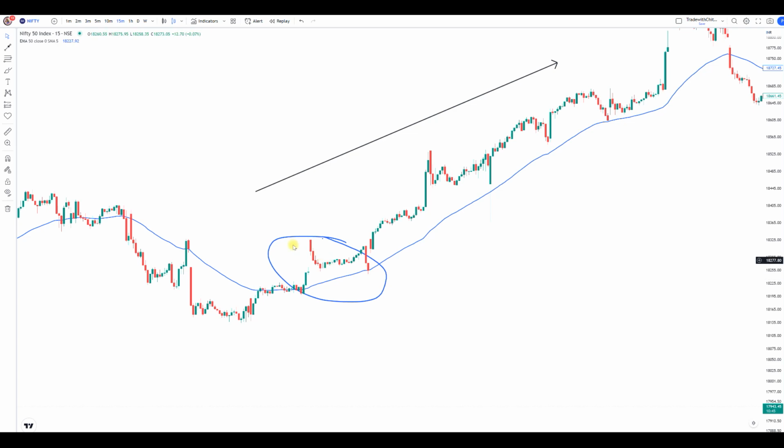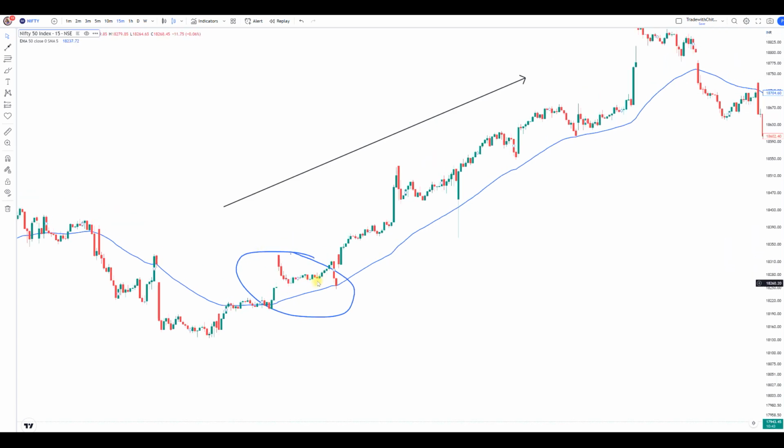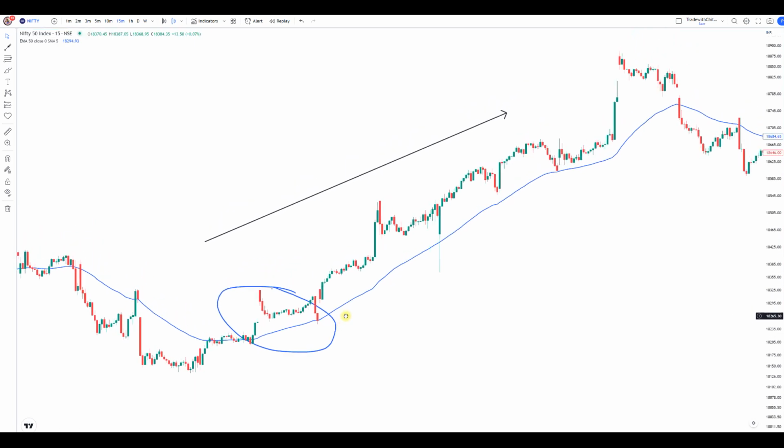As I told you before, price took support at 18,200 and from here price moved up. When you see this red candle, it took support exactly at the 50 EMA. From there, the next day price gapped up and moved up, making a high of 18,800 plus.